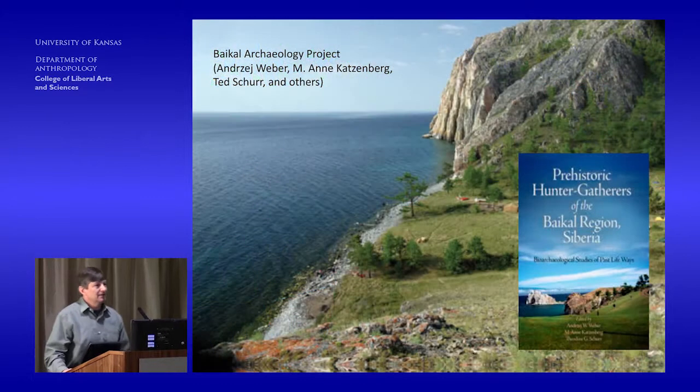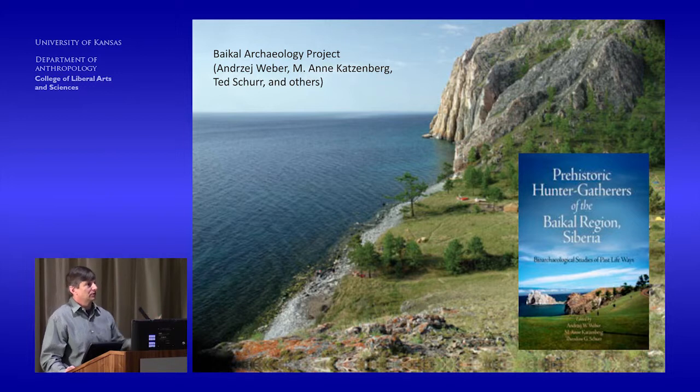And fortunately, an important archaeological project has been going on for a number of years in the southern part of Lake Baikal, not so far from where linguistic and toponymic evidence suggests that the ancestors of cat peoples originated, or at least were located there 2,000 or 3,000 years ago.